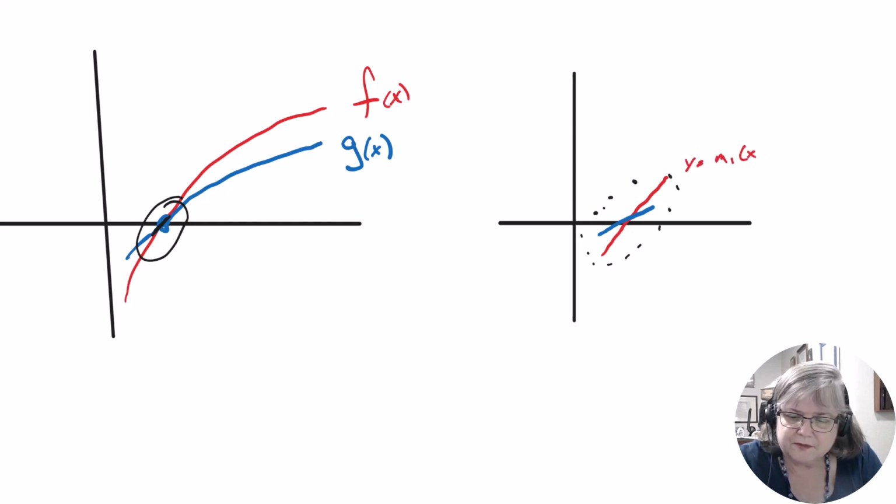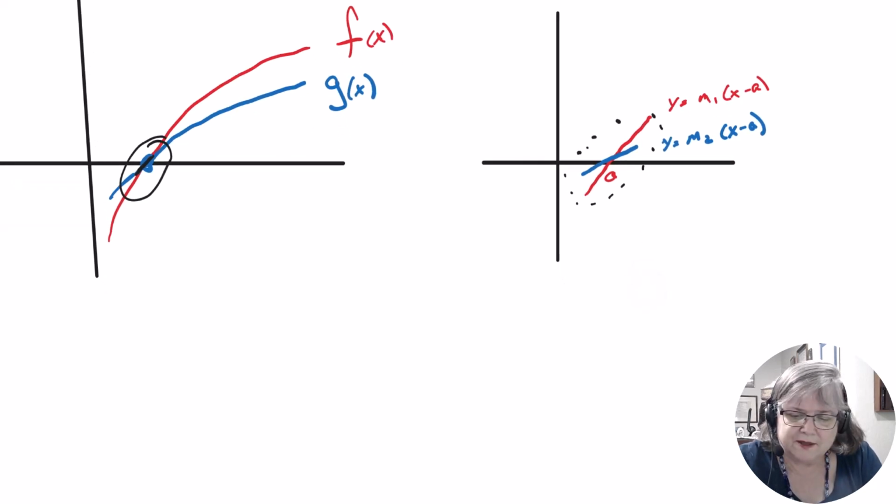If this is point A, and this one would have its own separate slope, but it's also at point A. So what he noticed that it's, if you took, let's call this y2. If you took the ratio of y1 and y2, then this would be the ratio over here.